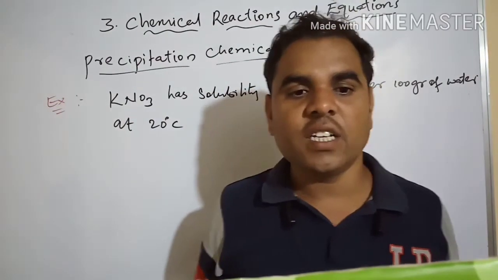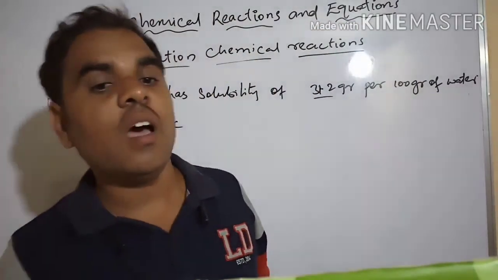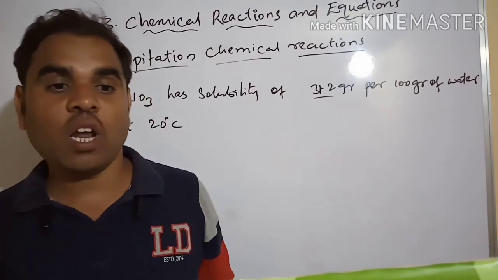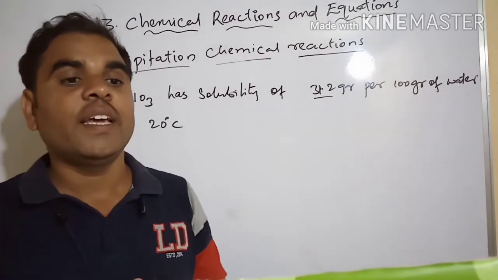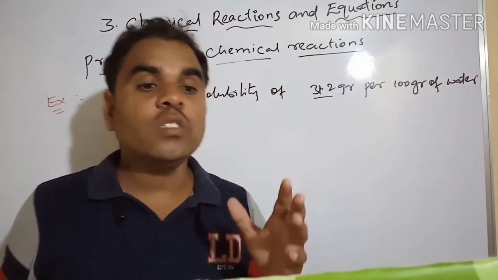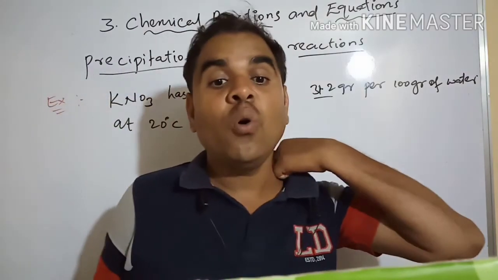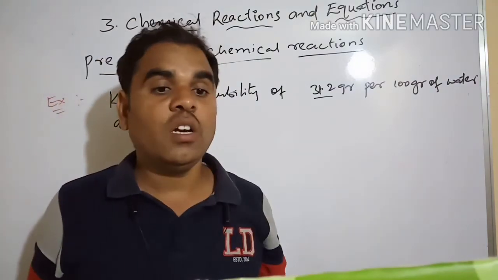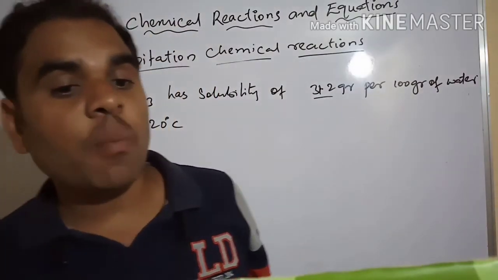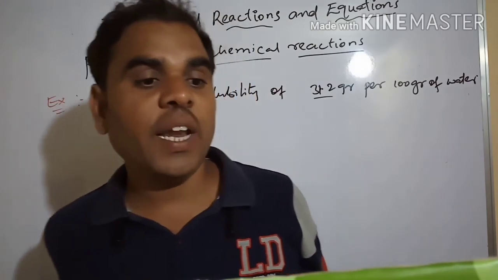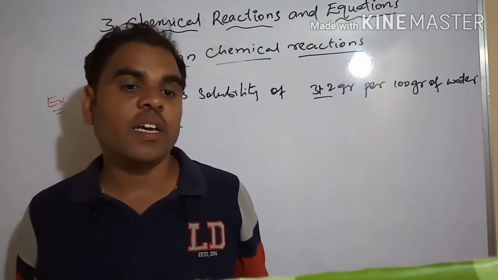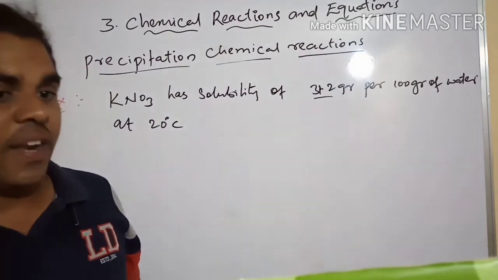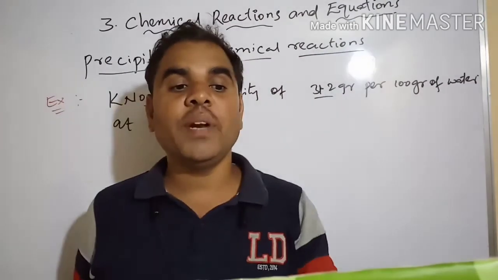A solution that contains the maximum amount of dissolved solute is said to be saturated. As it cools, the solution can no longer hold the salt, so the excess amount separates as a solid. If the solution is cooled slowly and gently enough, the solid separates as crystals.